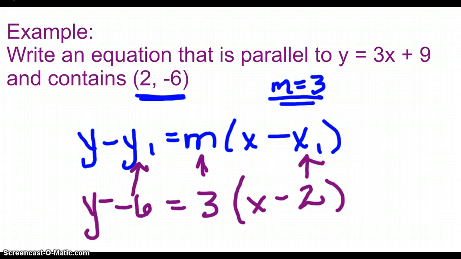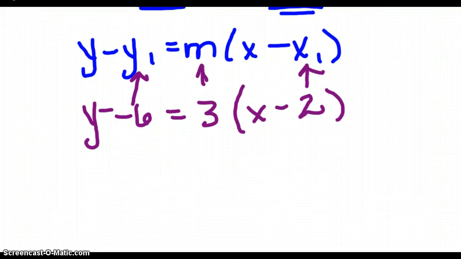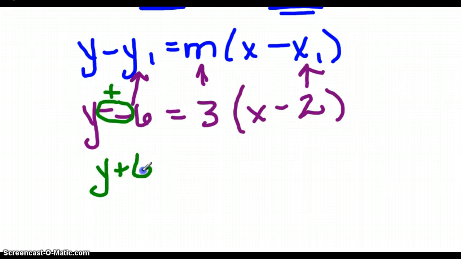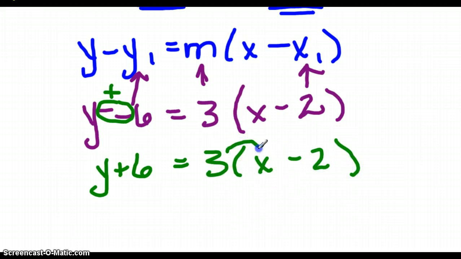So if I bring the rest of my equation down, it looks like this. Now normally when we look at these lines, we want them to be in y= form, which means we have a couple pieces of simplifying to do. We can see those two negatives make a positive. So it's going to be y + 6 = 3(x - 2). But now I'm going to need to distribute this 3 to both numbers.